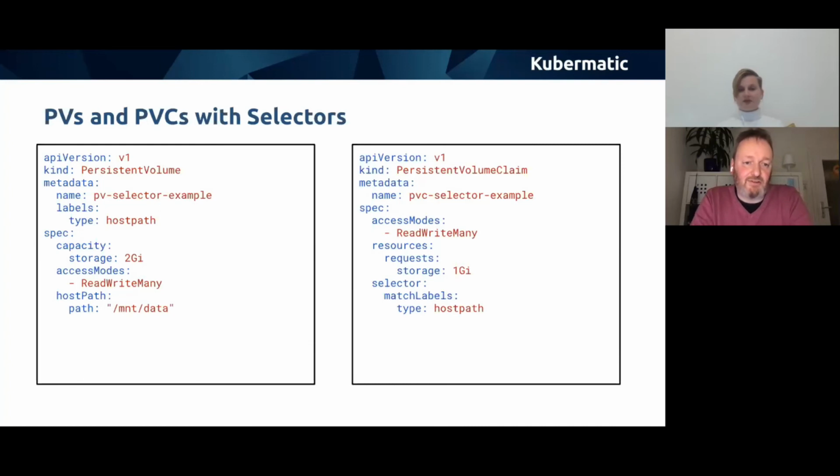Otherwise, when we have chosen a persistent volume not supporting a technology used by the claimed access mode, we would get in trouble. Also, here once again highlighted, these two are the interesting pair.